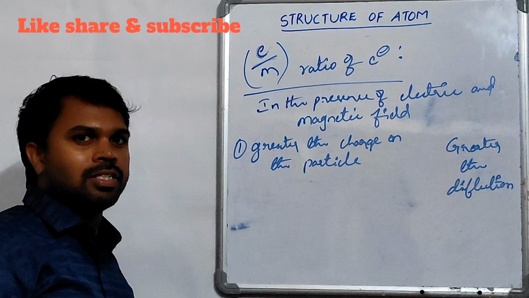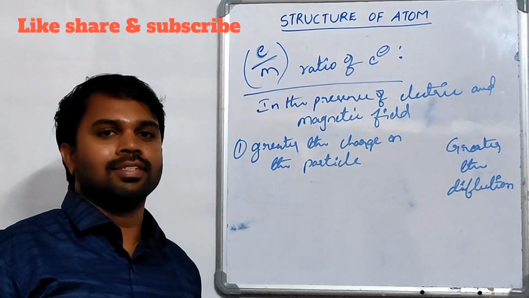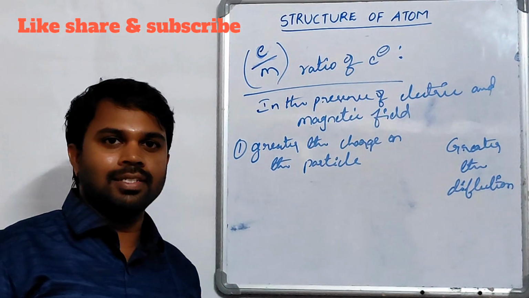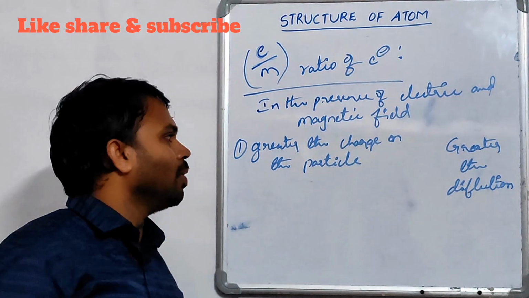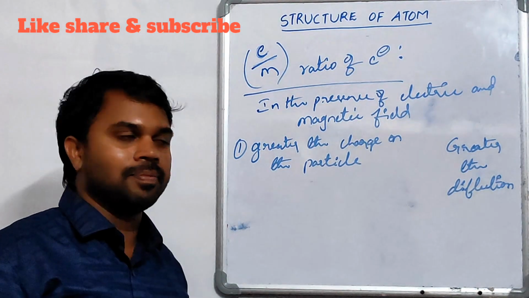Now, understand the first point. When the charge on the particle increases, deflection increases. When the charge on the particle decreases, deflection also decreases. So, charge on the particle is directly proportional to the deflection of the particle.